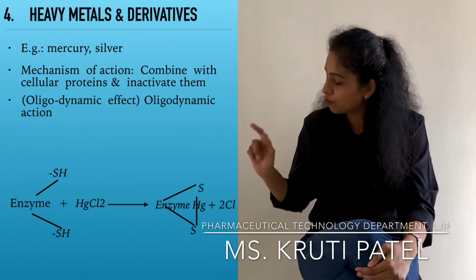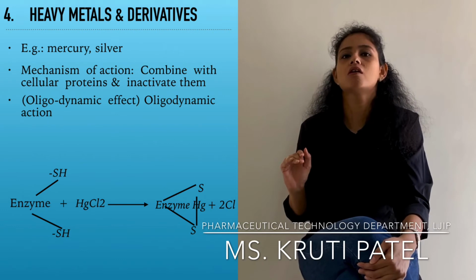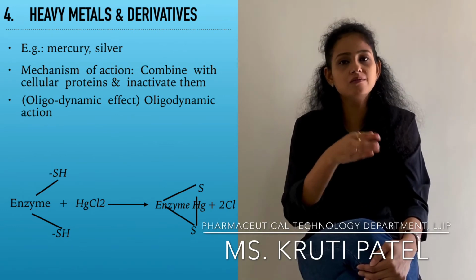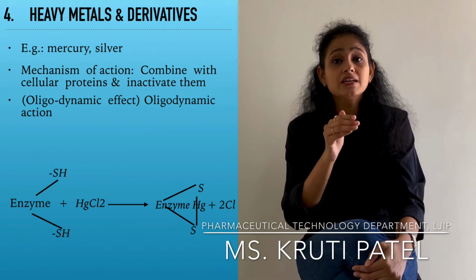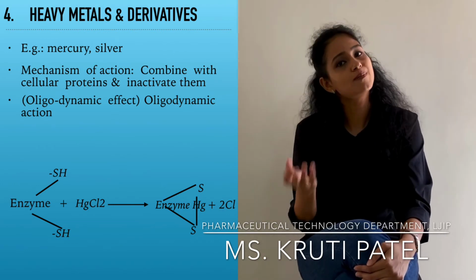So look here, the whole structure of the enzyme is changed. Your microorganism cannot survive because that enzyme will not work as it has to work. So there is the killing of the microorganism.